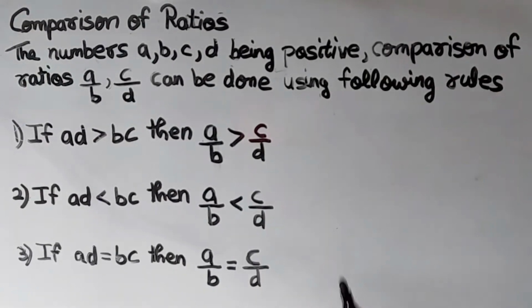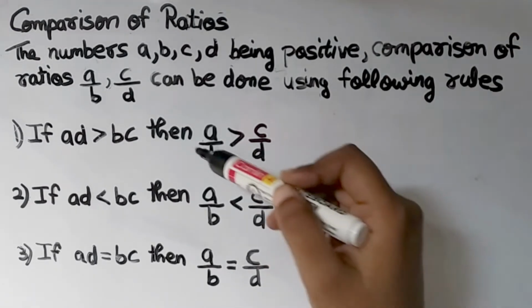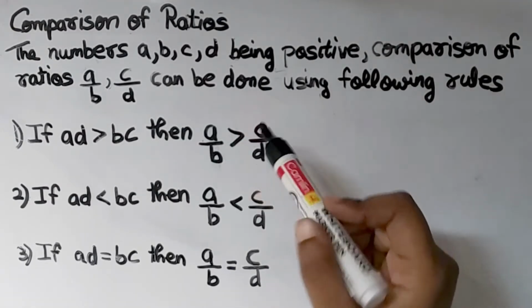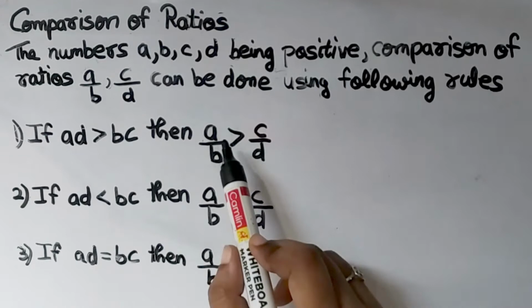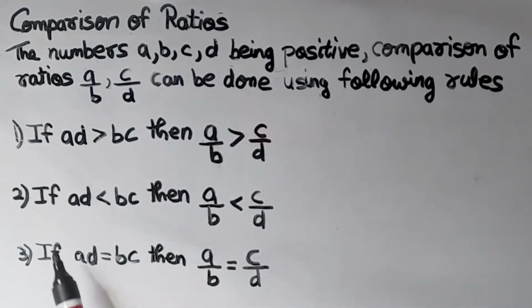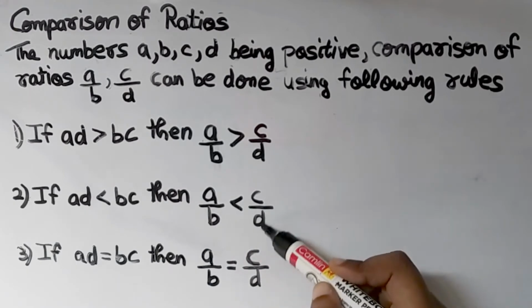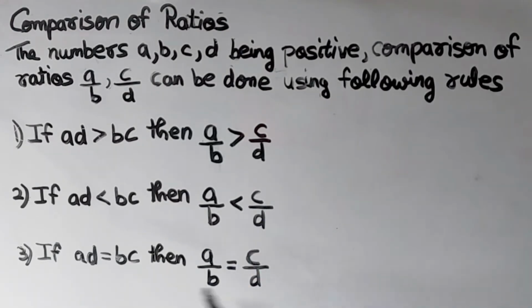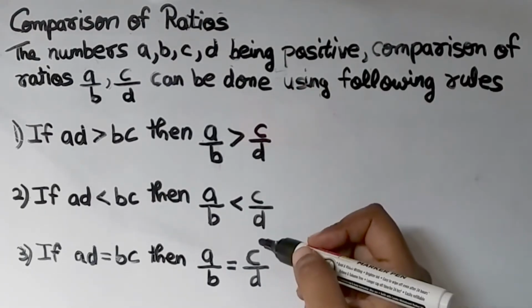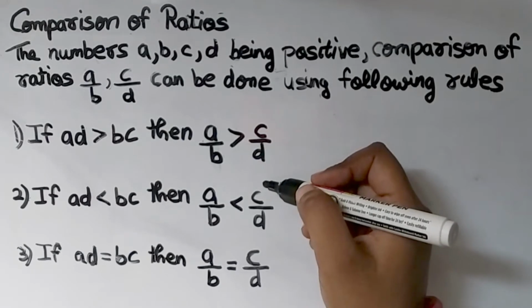So see carefully, in all these rules we have to first cross multiply, and if AD is greater, then the first ratio will be greater, and if AD is less than BC, then A upon B will be less than C upon D, and if AD is equal to BC, then A upon B is equal to C upon D. So these are the rules for comparison of ratios.